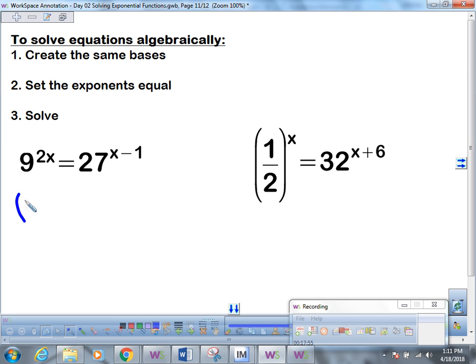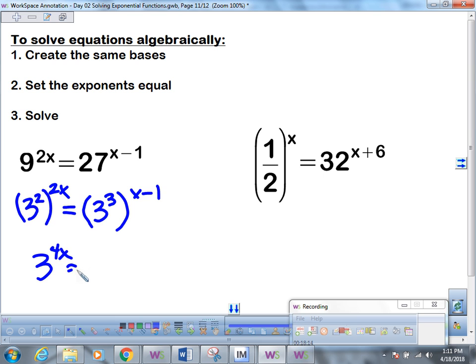So 9 is really 3 squared. And 27 is really 3 cubed. Everybody okay with that so far? I have 2x, which is 4x. And I have 3 to the 3x minus 3. You got to distribute it to both.